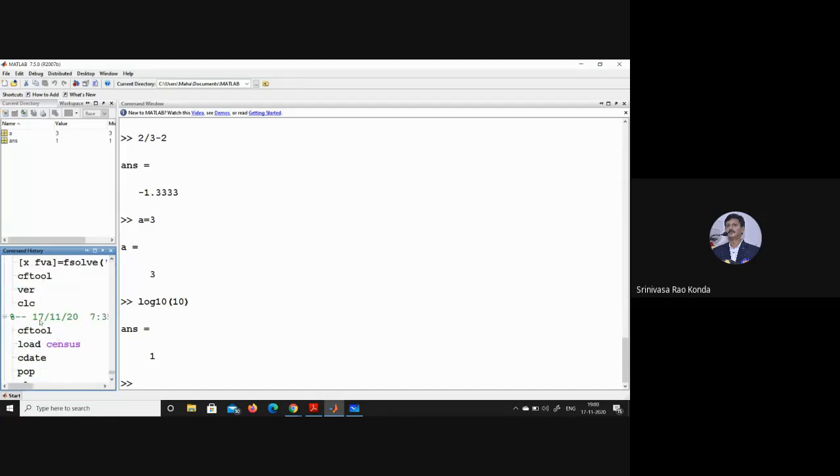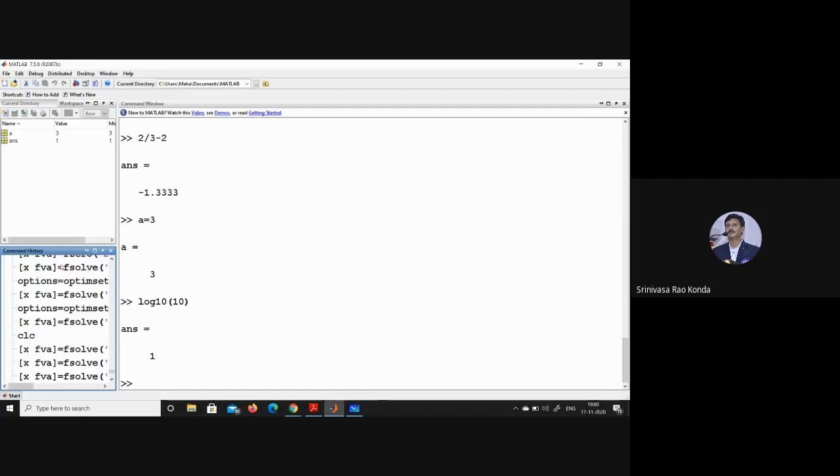Today morning also I opened MATLAB, at 7:35 a.m. This window provides all the commands which we executed in the command window in the recent past.